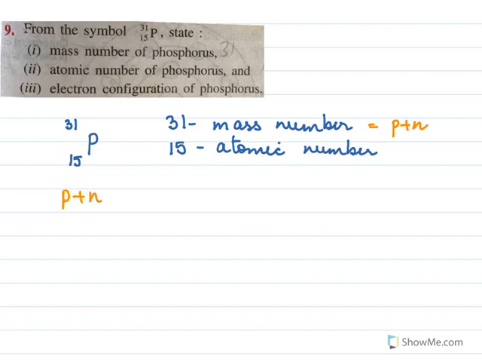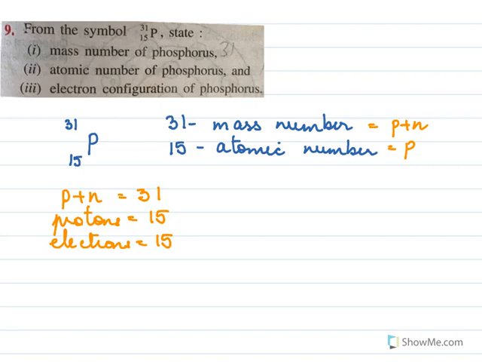So we can say now protons plus neutrons is 31, right? And atomic number is number of protons. So protons equal to 15. If protons is 15, electrons is also 15, because protons equal to electrons.